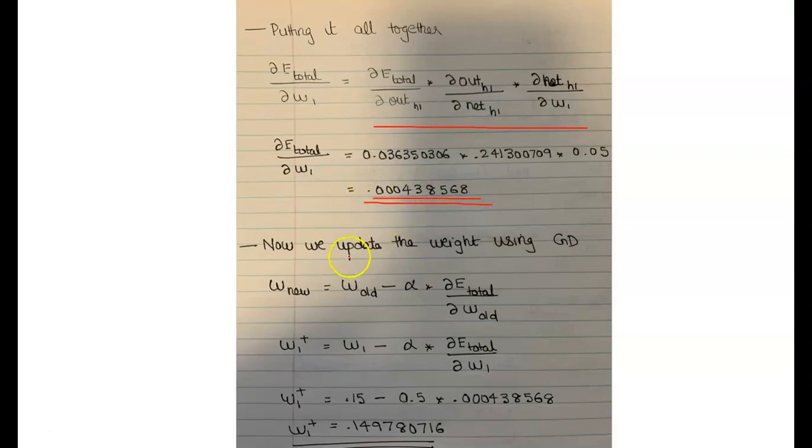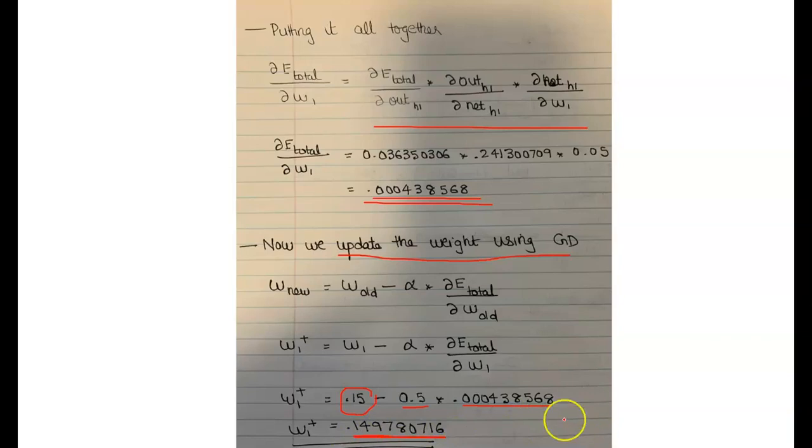Once we have that, it is now time to update the weight using gradient descent. Again, I am updating the weight W1, which is equal to my previous weight, which was 0.15 for W1, minus the learning rate alpha, which I have taken to be 0.5, into dou E total by dou W1, which we have found out. So this is the new W1 we have obtained.